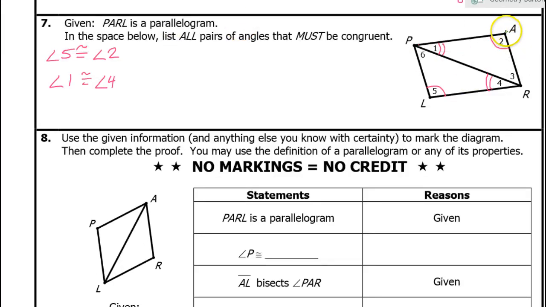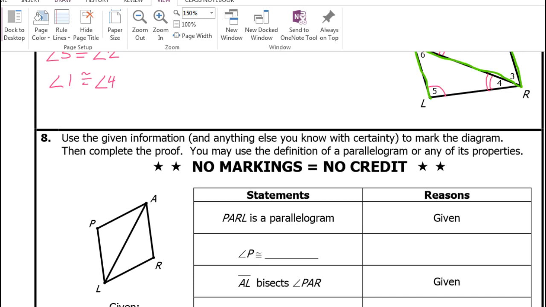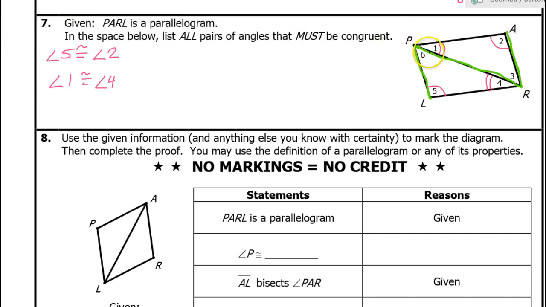So because AR is parallel to PL, if I draw the transversal, then you will quickly see that angle 6 and angle 3 are alternate interior angles. So angle 6 must be congruent to angle 3.